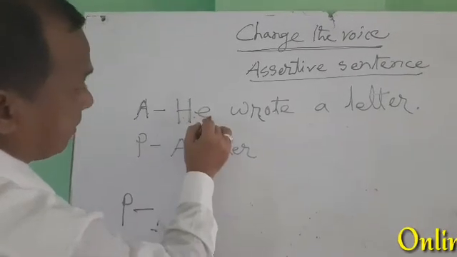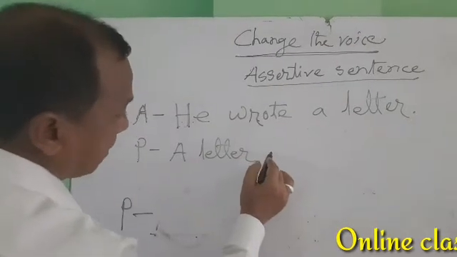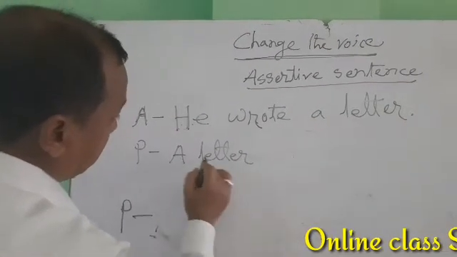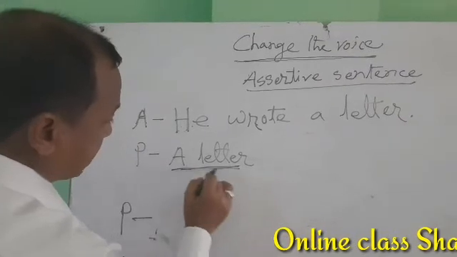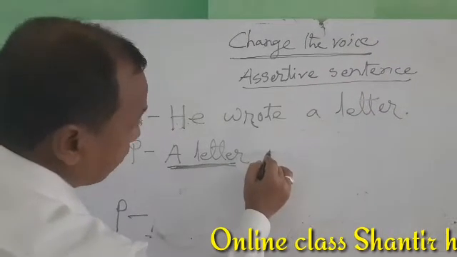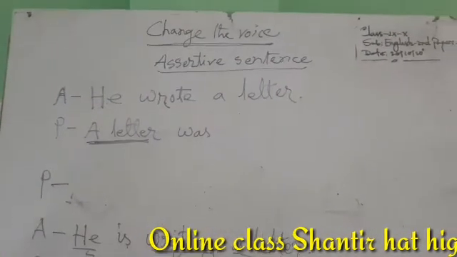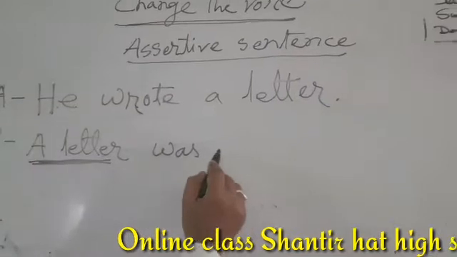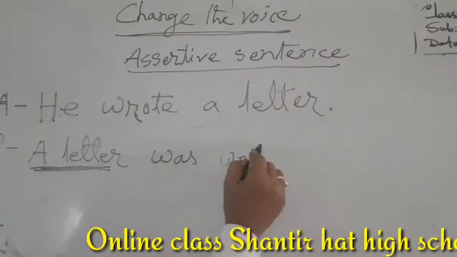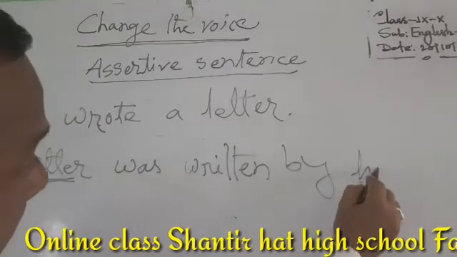It is a past indefinite sentence, so the helping verb is was or were. Our subject is singular number, so the helping verb used is was. A letter was written by him.